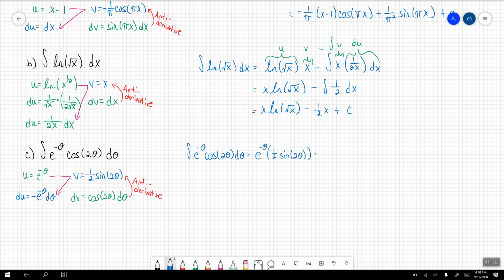So there's my u times v minus the integral of v du. So v, once again, 1/2 sine of 2 theta times du, which is negative e to the negative theta d theta. Okay, let's simplify this just a little bit more.